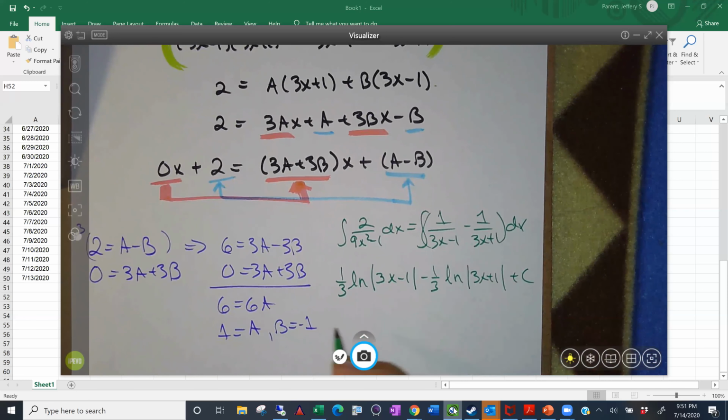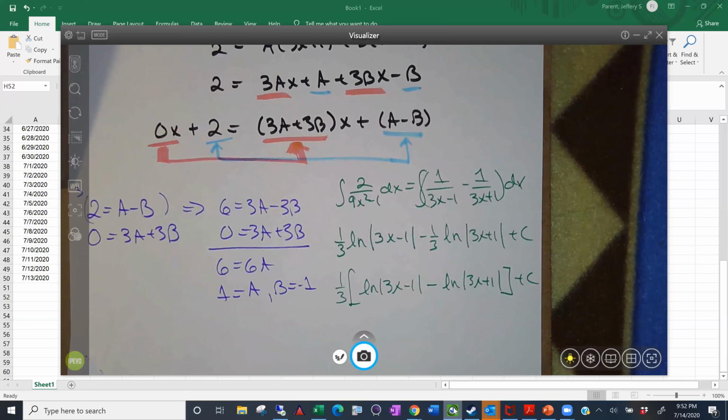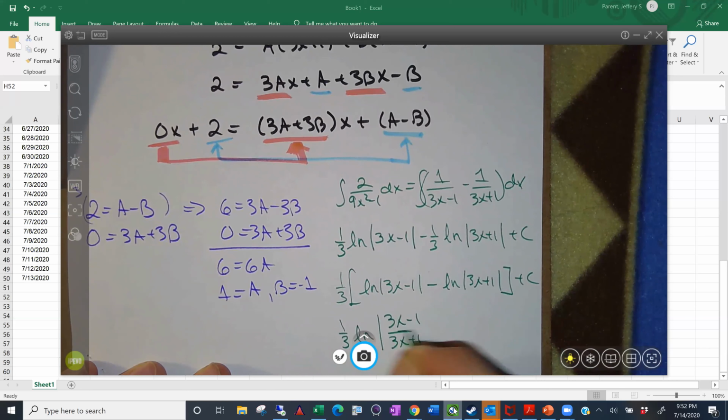You can bring these together. So it's 1/3 times ln of 3x minus 1 minus ln of 3x plus 1. Look, this is fine for what we need. Occasionally, what you'll see is books get a little fancy and use their properties of logs and write it like this, ln of the absolute value of 3x minus 1 over 3x plus 1.